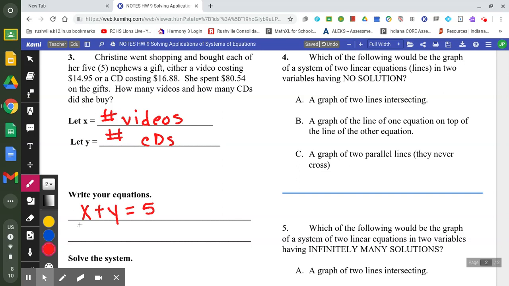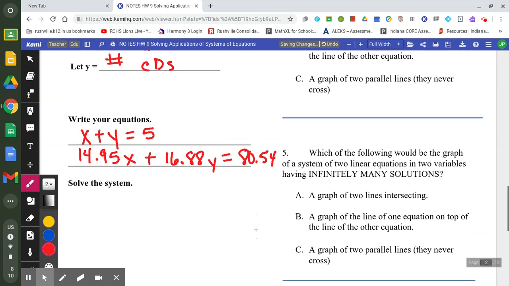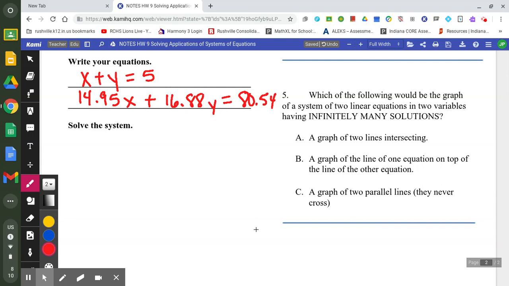And then the videos were $14.95. So $14.95 per video plus $16.88 per CD equaled $80.54. So these equations are set up for elimination. So I am going to multiply this top by negative $14.95.